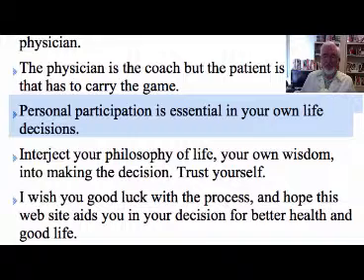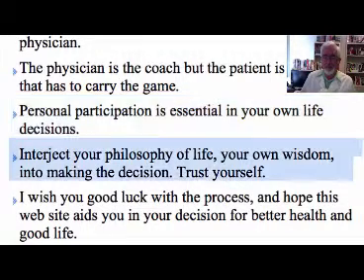Personal participation is essential in your own life decision. And I just repeated it before, I'll say it again, but it's a very important point. The next point, it's extremely important, is interject your philosophy of life, your own wisdom, how to apply information into making the decision.